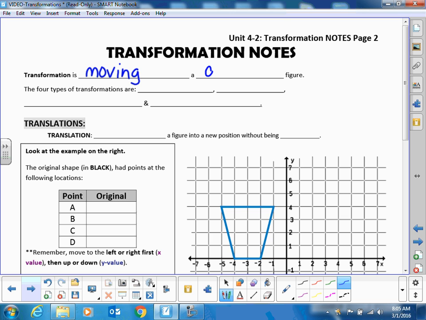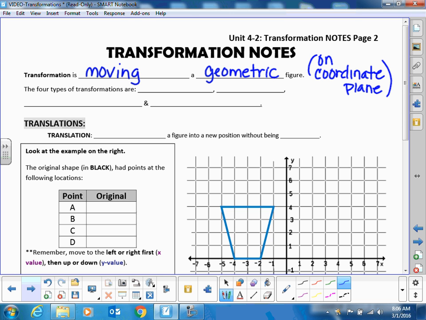a geometric figure, and remember we talked about that, on a coordinate plane, which is basically that big grid that we use.